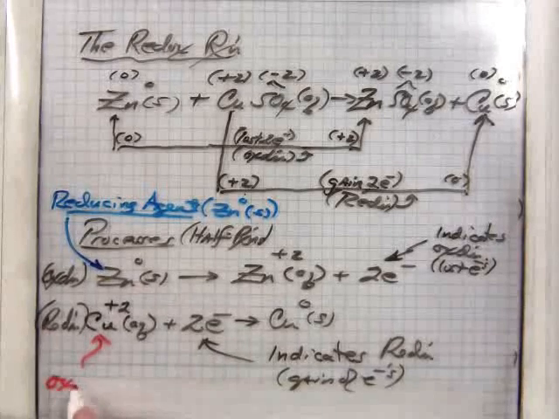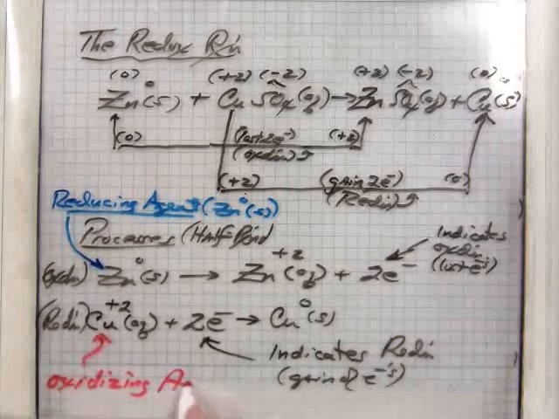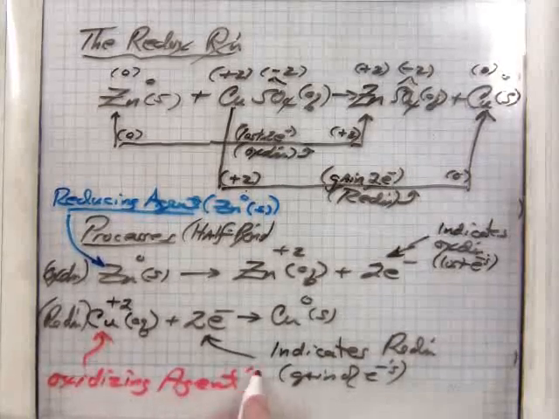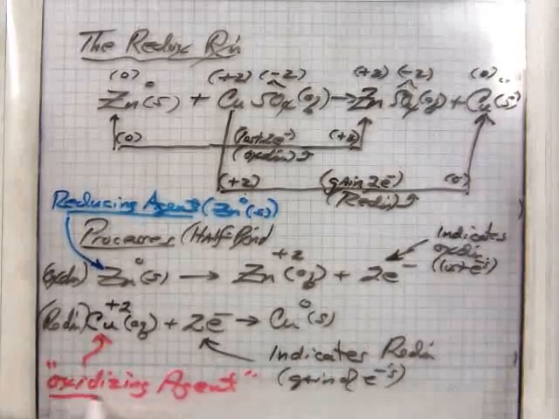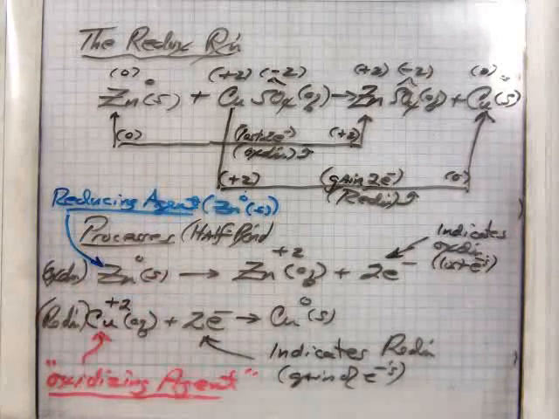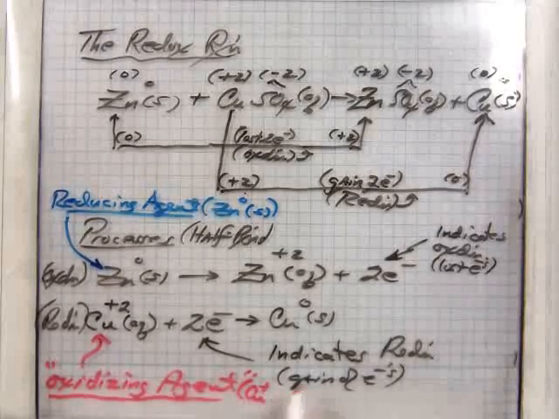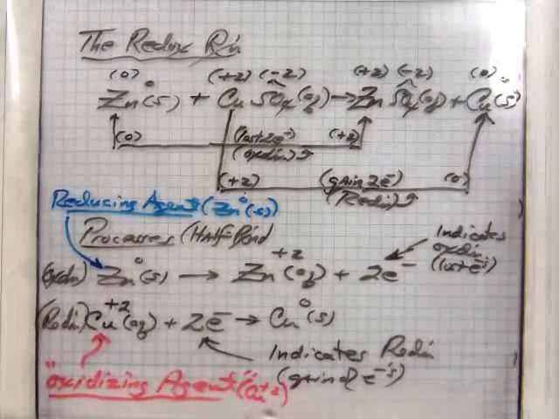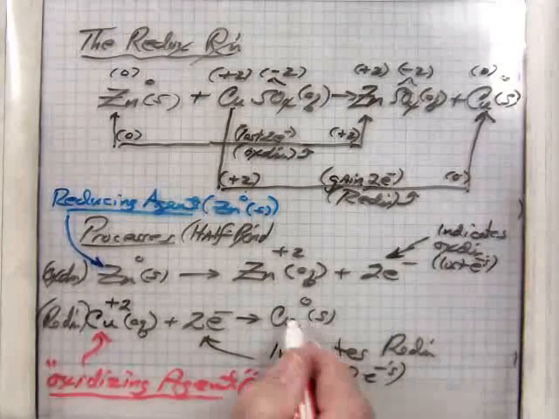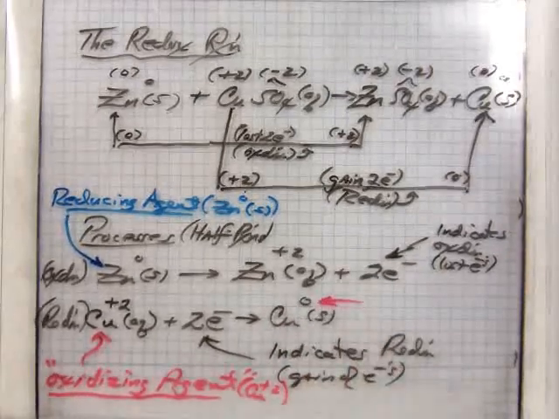So oxidizing, and then you have reducing agent. Now the oxidizing agent is the copper +2, not the copper in reduced form. This is the term typically referred to.